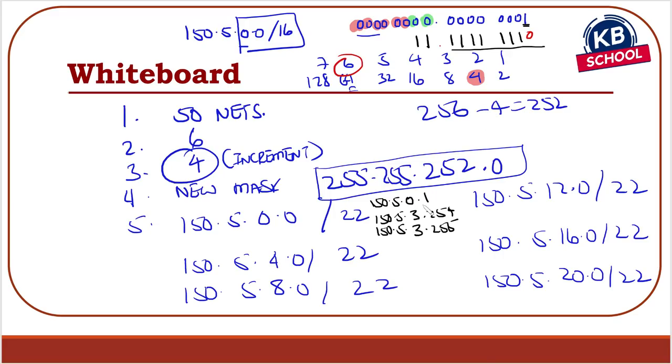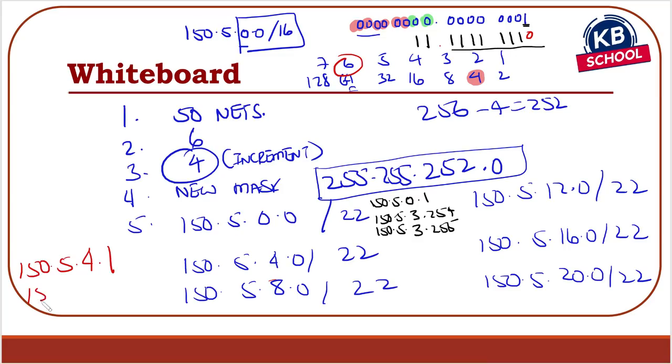So 150.5.0.1 through 150.5.3, which is the upper limit block on the next one, 255 as the broadcast, 254 as the last usable one. On the next one, which is 150.5.4, my first address is 150.5.4.1, my upper limit is 8.